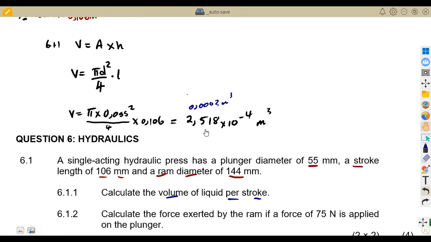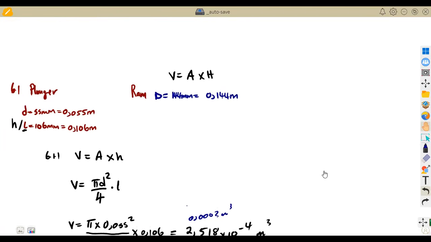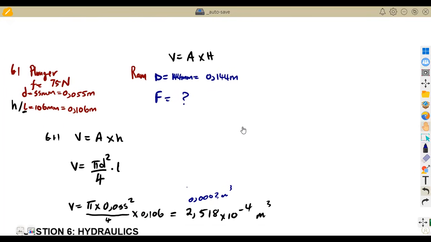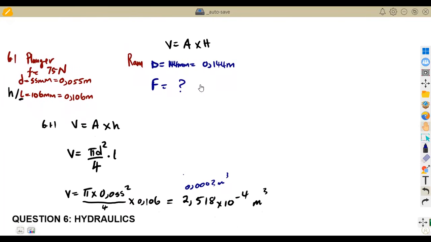So we've got another piece of information to consider, the force on the plunger, which is 75 Newton. Then we are asked to calculate the force that is going to act on the ram. So how are we going to end up with the force that we're going to have on the ram in this case?